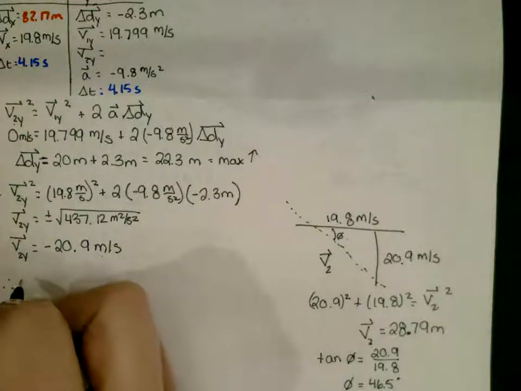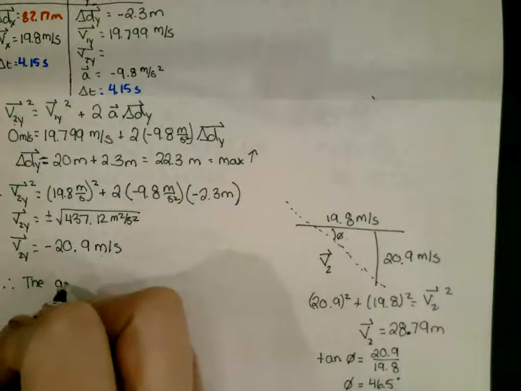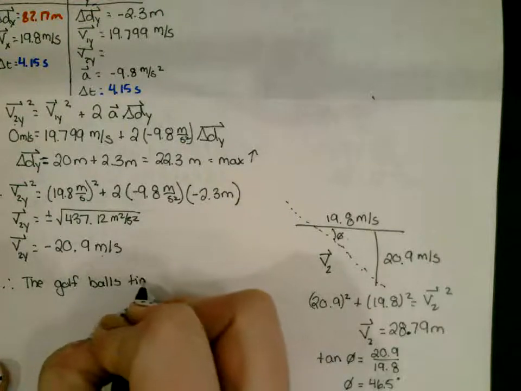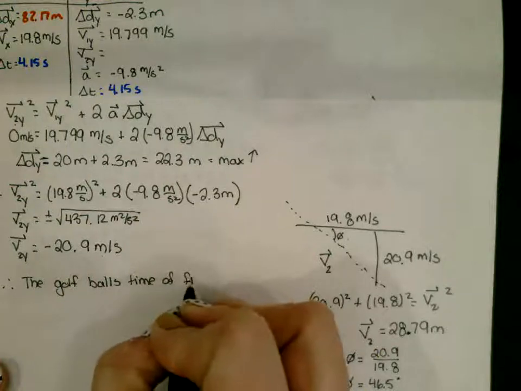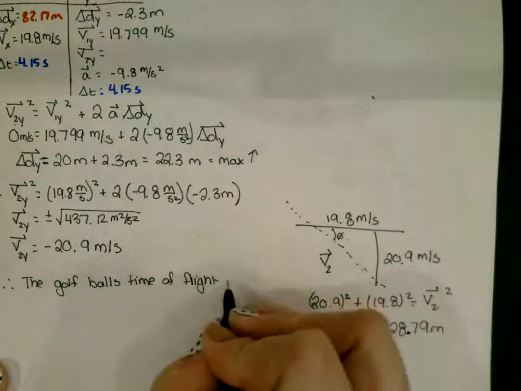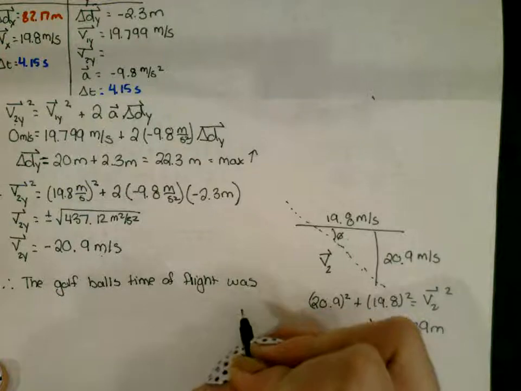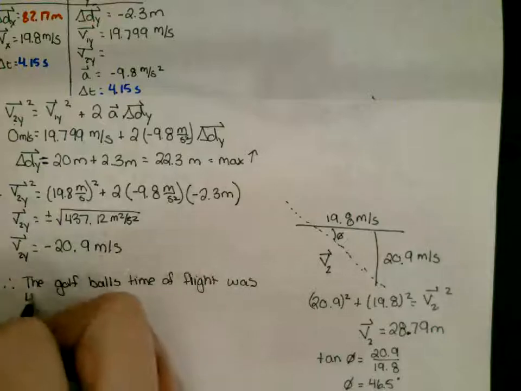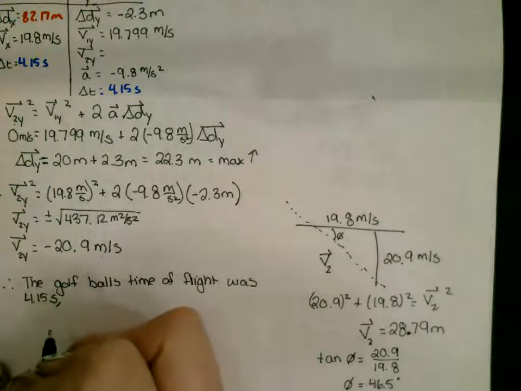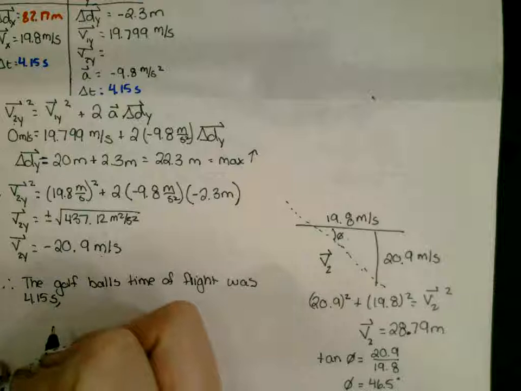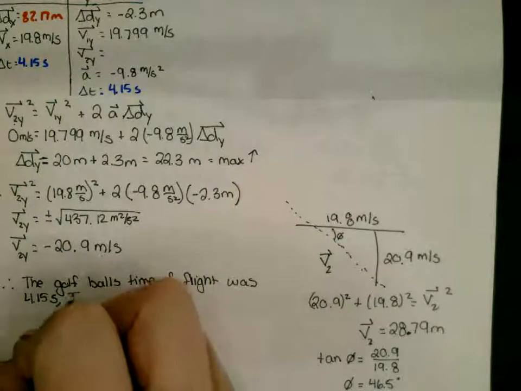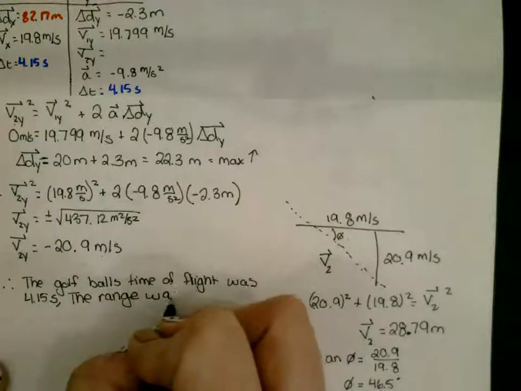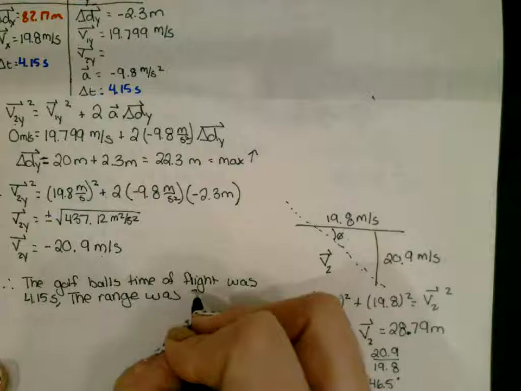So therefore, the golf ball's time of flight was 4.15 seconds. The range was 82.17 meters.